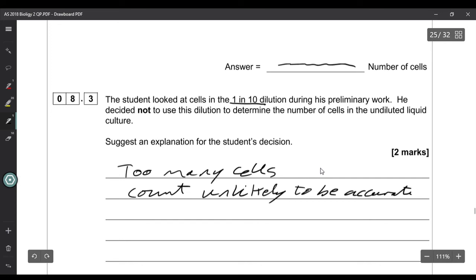So when you've only got 15 cells to count, you're able to accurately count 15. But if it's more likely to be 100 times this, so you've got 1,500 cells to count in that small volume, it isn't likely to be accurate. So again, make sure you give a reason why, in this case, too many cells would be an issue.